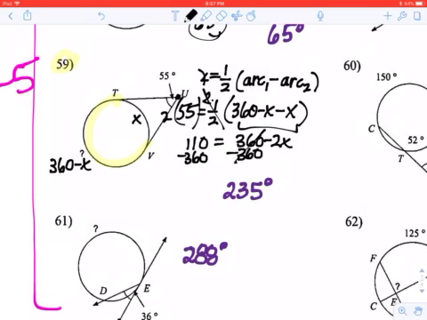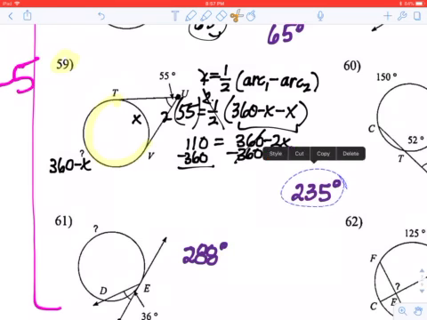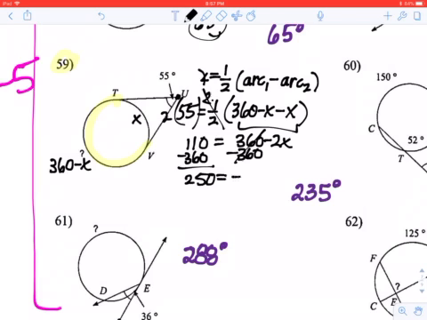So, what is that? 200, or no, that is, that right? Oh, right, we are solving for the big arc. Okay, we'll get there. So that's going to be negative 250 equals negative 2x, and then divide both sides by 2.